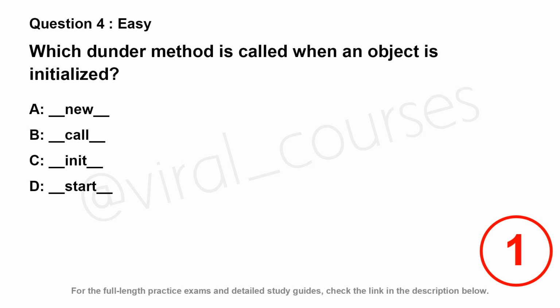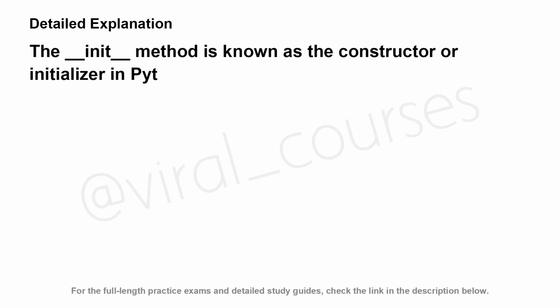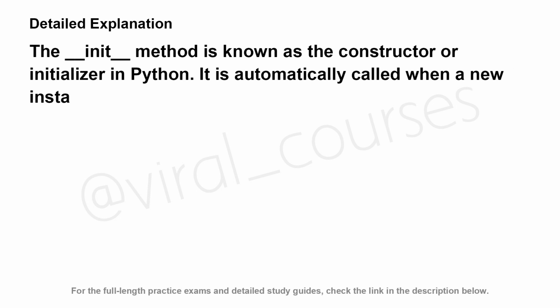The correct answer is C. The __init__ method is known as the constructor or initializer in Python. It is automatically called when a new instance of a class is created.